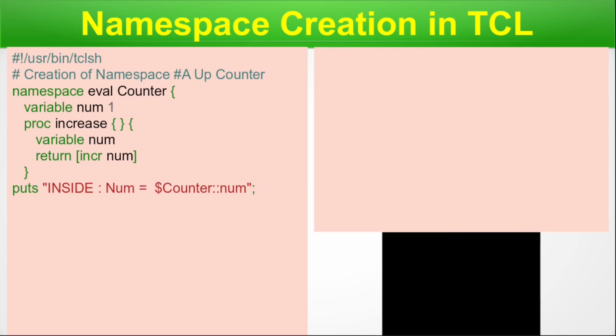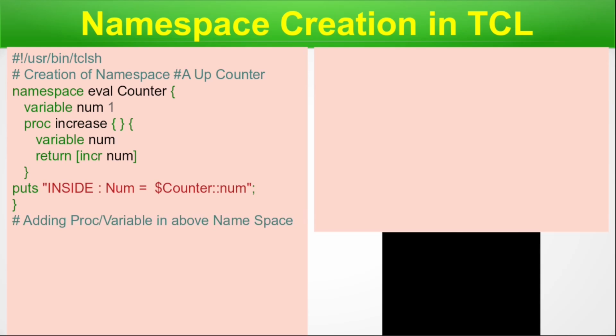And for your curiosity, I have put a puts command inside this particular namespace, so that when we are giving a printout at the last, which will come into the black block, there you can differentiate from where we are printing. So here I have used the keyword INSIDE in upper caps, and printed the num variable. Here we close our namespace. So this is a basic structure of a namespace in Tcl, and we have defined the up counter here with this particular code. Now let's move on to the next section.